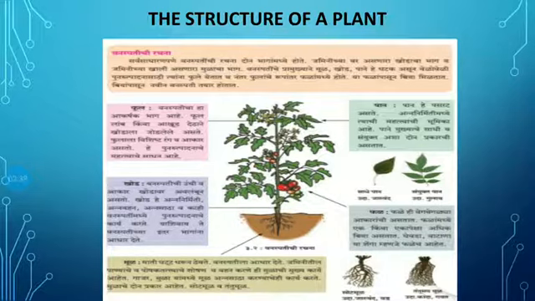In that, the roots hold the soil firmly and anchor the plant. With the help of that, the plant can stand. The main functions of the root are to absorb and transport water and nutrients from the soil and supply to all parts of the plant. Okay, this is the main function.